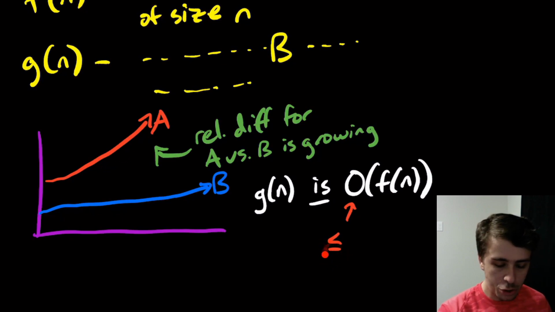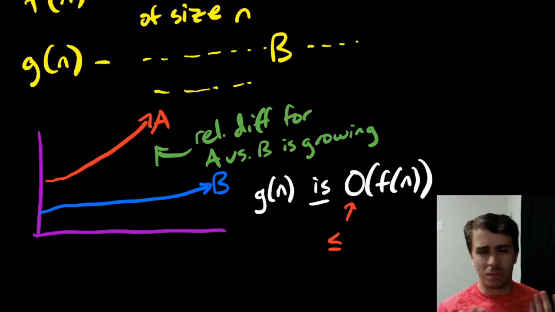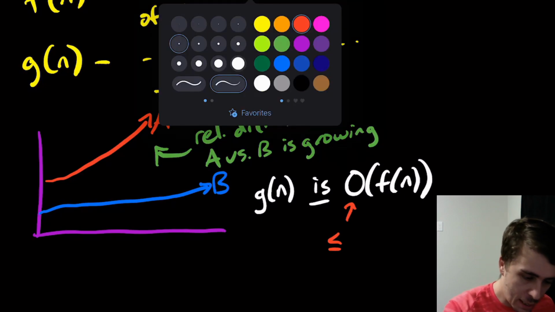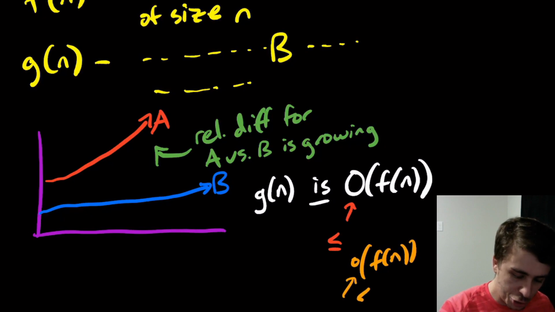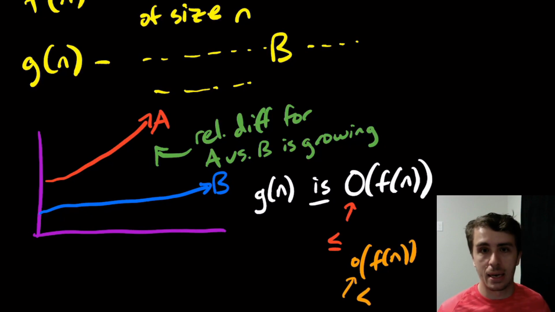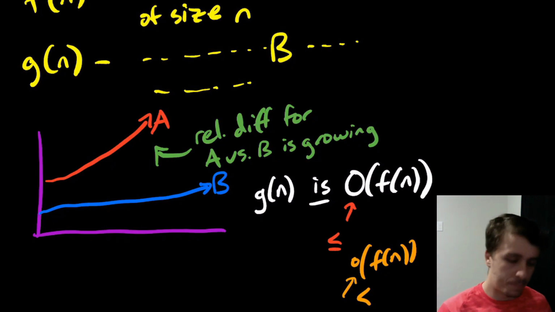There's an equal to because this is just the notation that's used. If you want a strict inequality, what you can say is little o of f of n, and that is strict inequality. Okay, so if you want strict inequality, use little o. If you want less than or equal to, because sometimes you can't guarantee that it's not equal, then use big O. Okay.